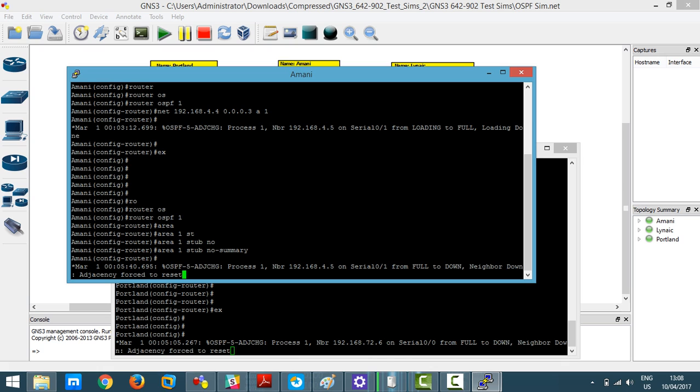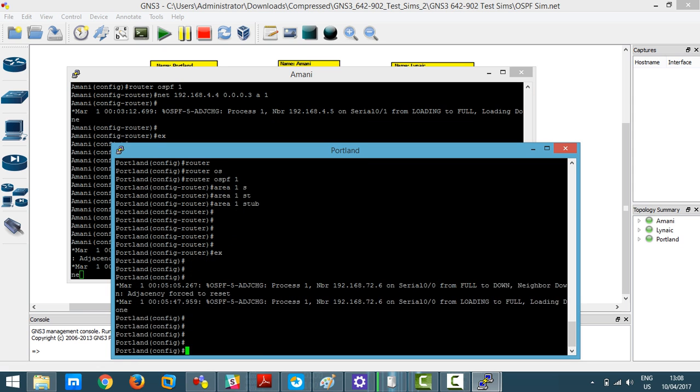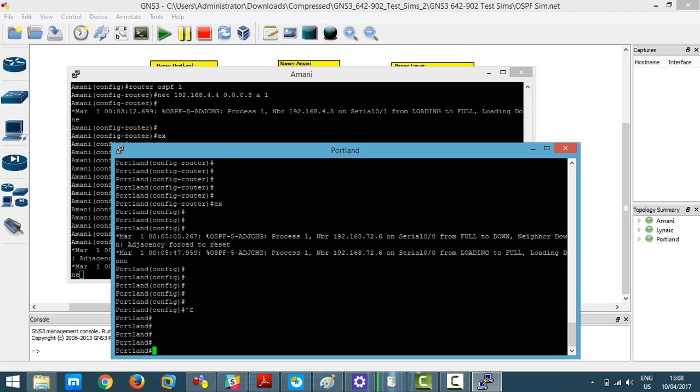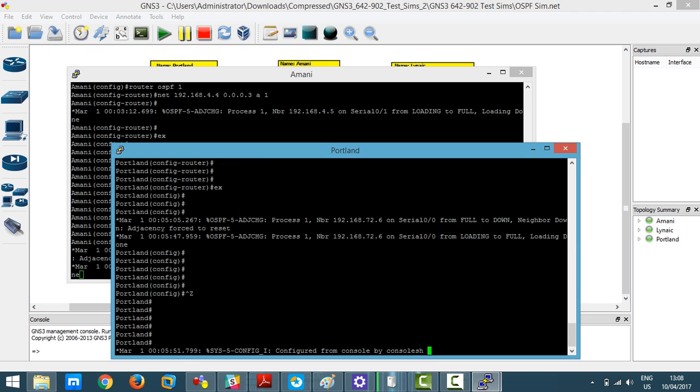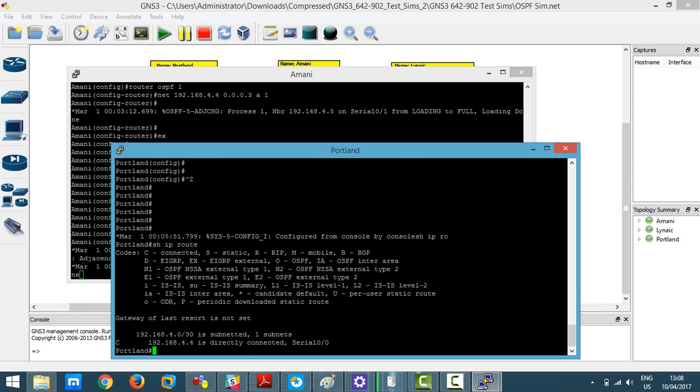They will reset the neighborship, and I will be able to see the summary route in a few seconds. Yeah, that is not coming right now.